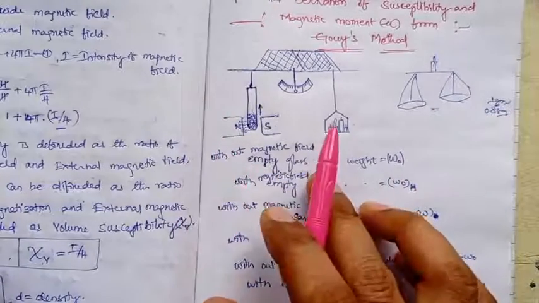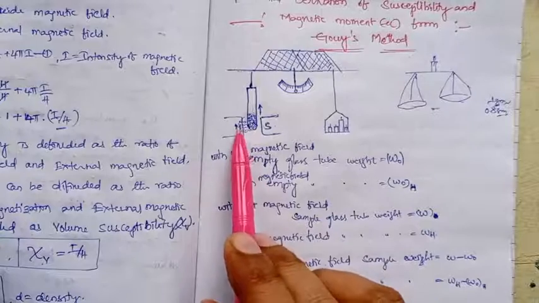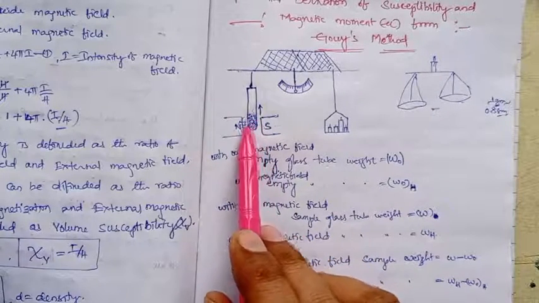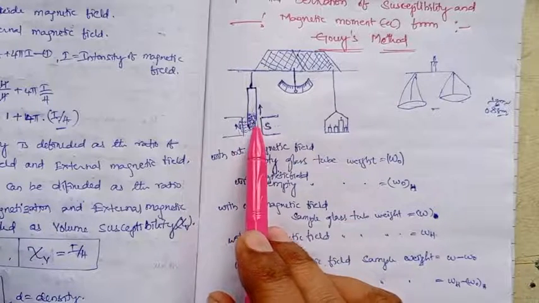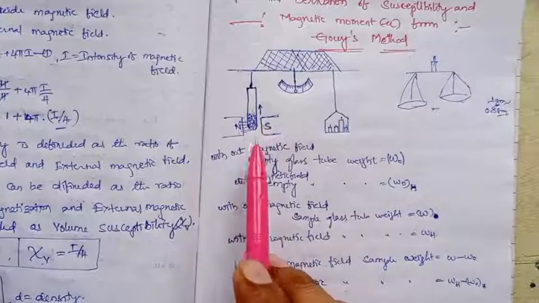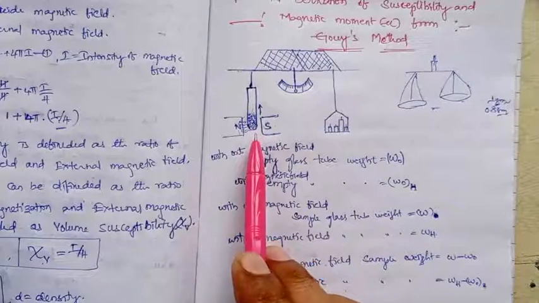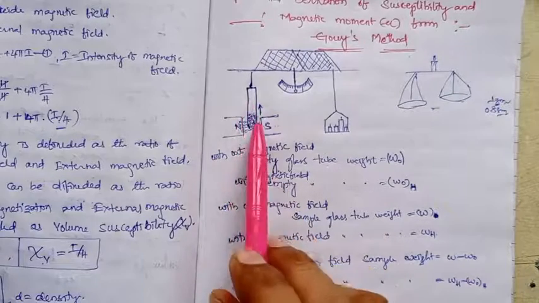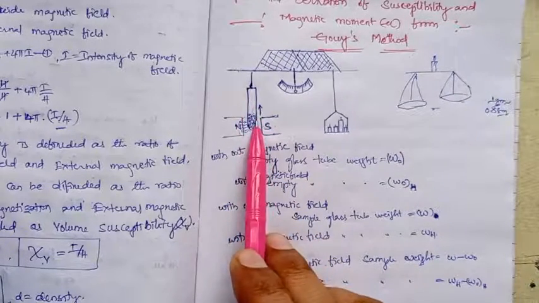Similar to that here also. When an external magnetic field is applied while we have a diamagnetic substance in the glass tube, the force of the external magnetic field makes the compound repelled, and this repulsion makes the compound go upward.